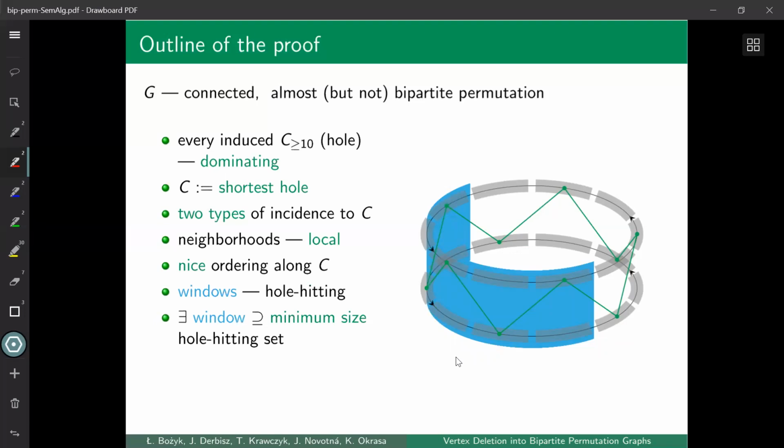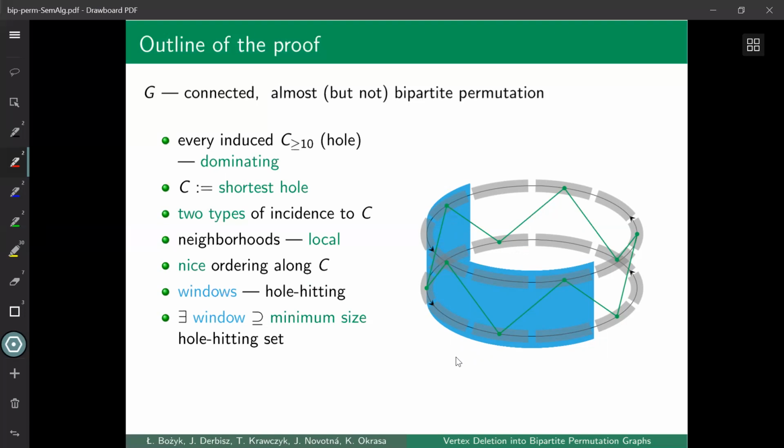Here, I call this local frame a window. So knowing this, if it's possible to get rid of all remaining long cycles, we know that it's possible to do so with the minimum number of vertices within this short, narrow window, right?